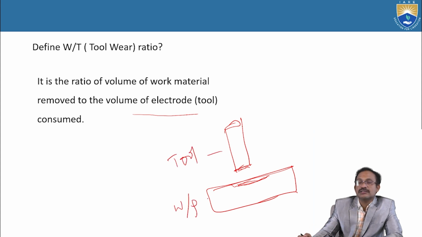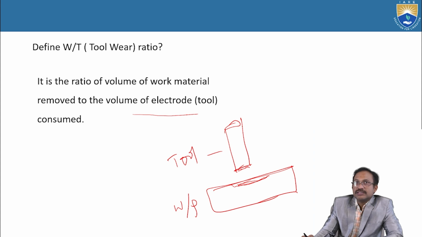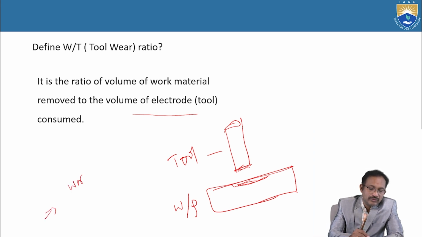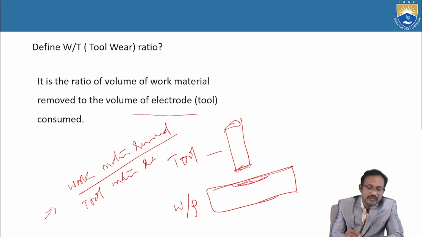This is tool, this is workpiece. So it is the ratio of volume of work material removed to the volume of tool material removed. That is the tool wear ratio.